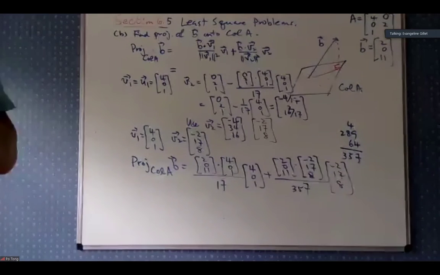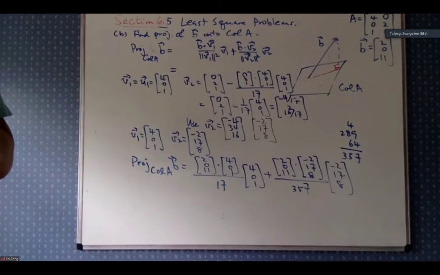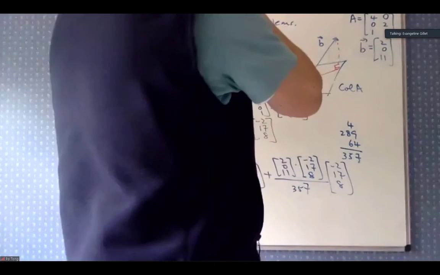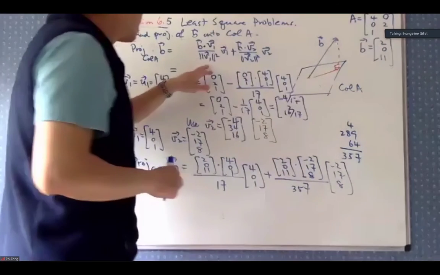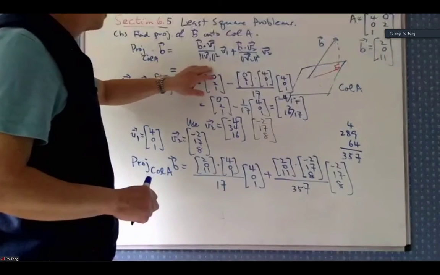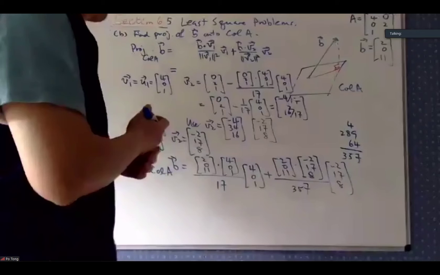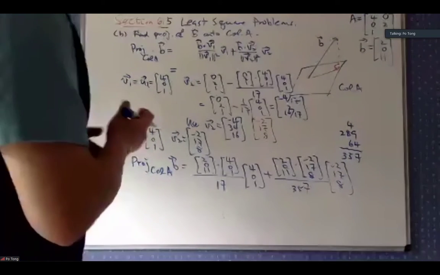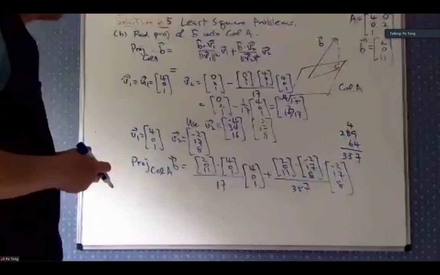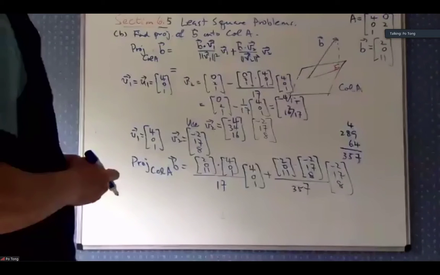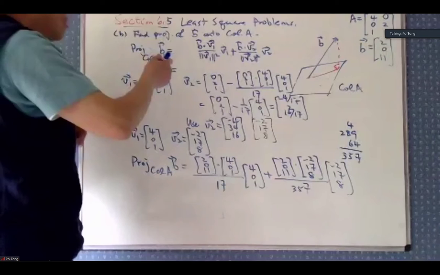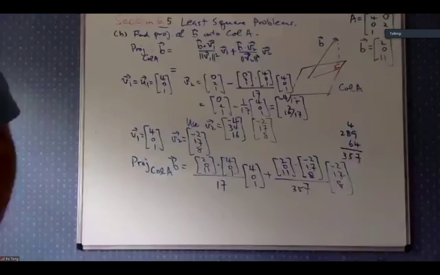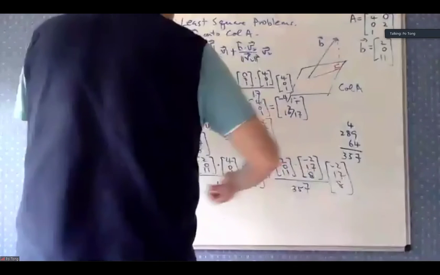You want me to explain the first step, the projection of B onto column A equals B dot V1 over V1 squared? This step? Yeah. Okay. I can explain this step. Yeah, I'm sorry these numbers turn out to be kind of ugly. I don't know whether it's because I made a mistake or something else.